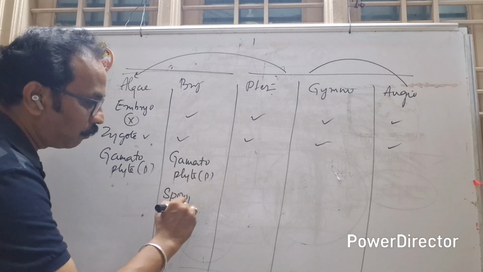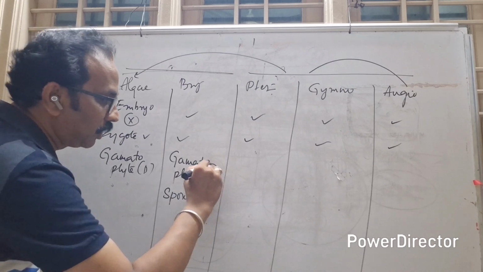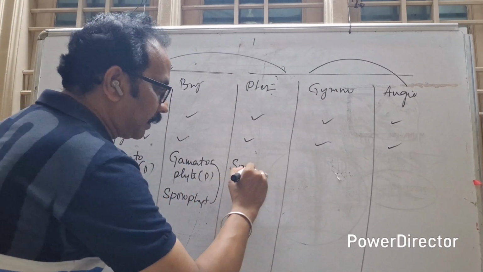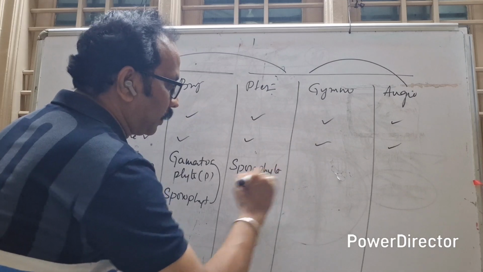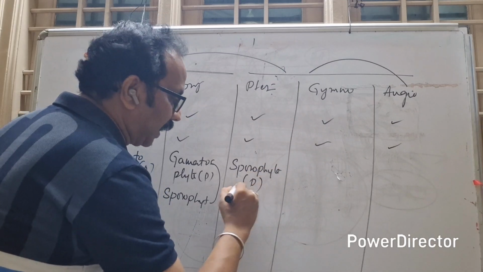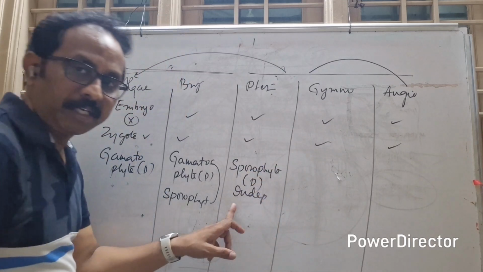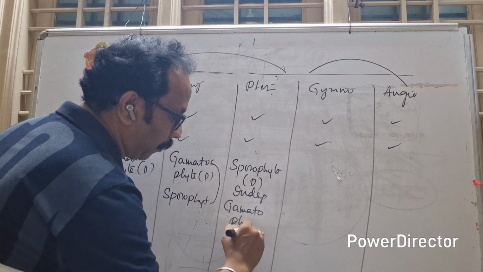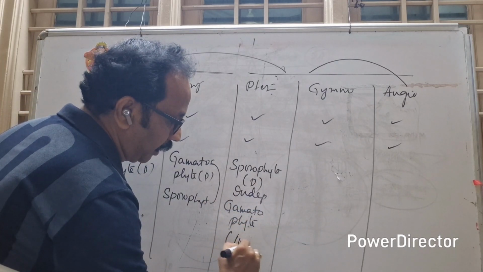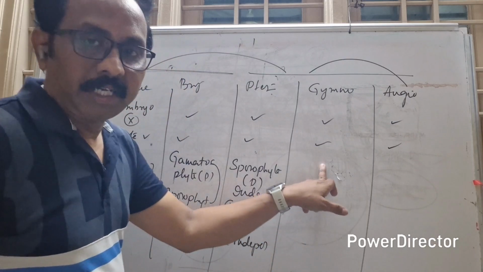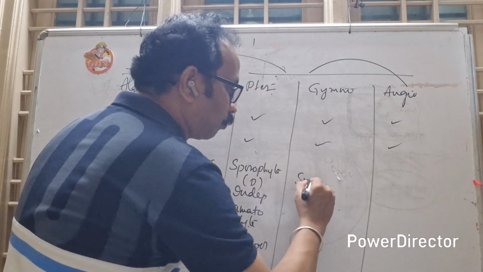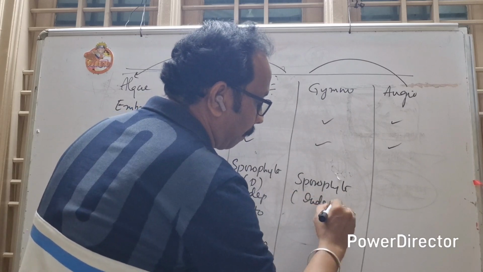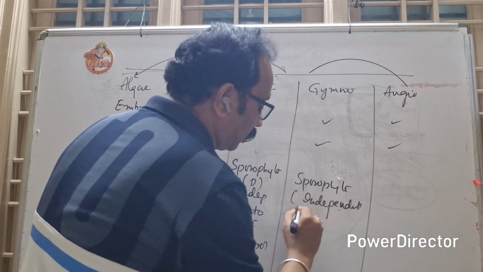Here the sporophyte depends on the gametophyte, but in pteridophytes, the sporophyte is dominant and independent. Here the gametophyte is also independent. In gymnosperms, the sporophyte is independent, also dominant.